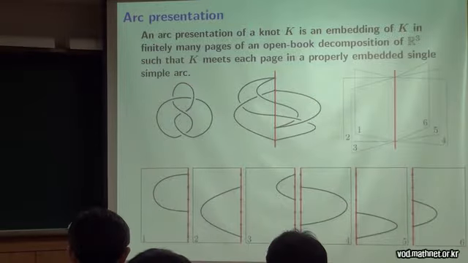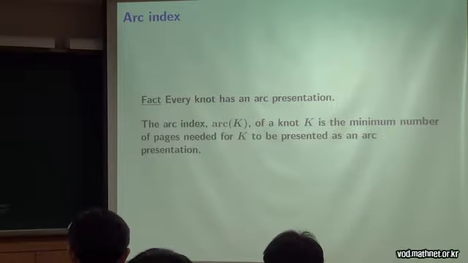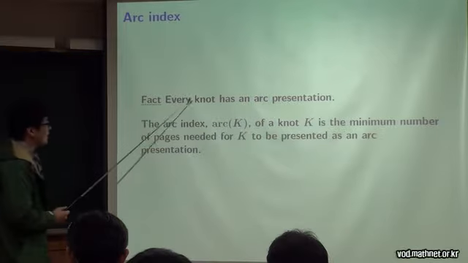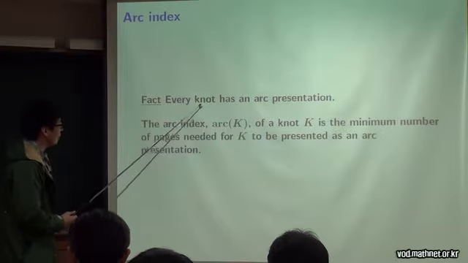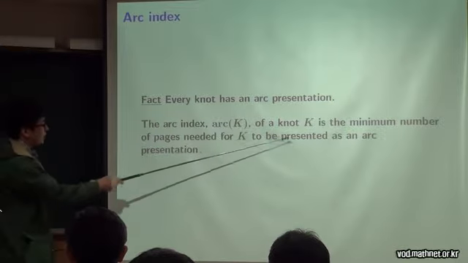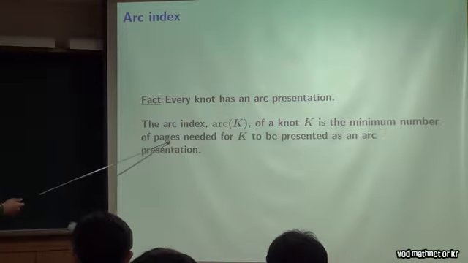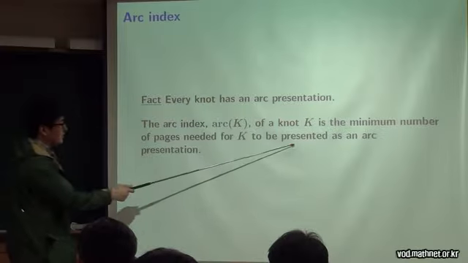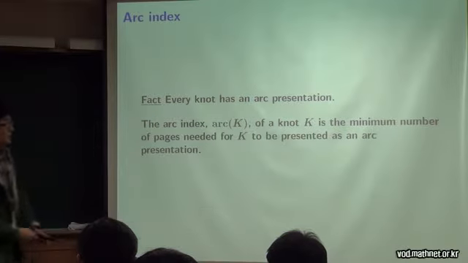It is known that every knot has an arc presentation. So we define the arc index of a knot K as the minimum number of pages needed for K to be presented as an arc presentation.